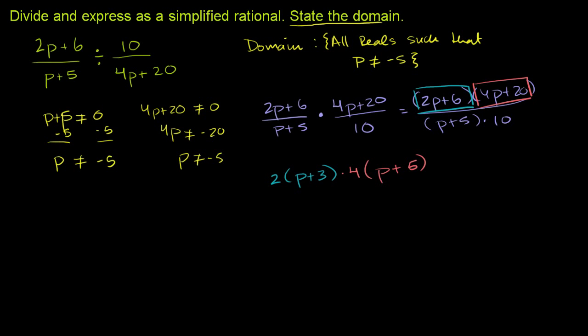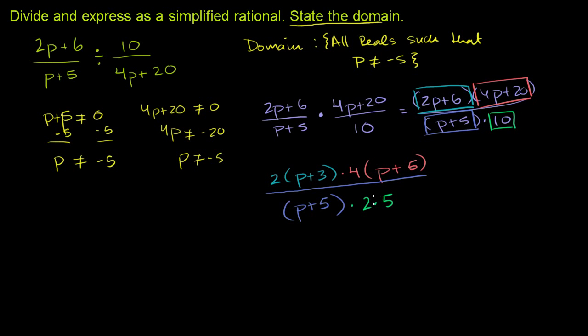And then we have our p plus 5 down there in the denominator. And even 10, we can factor further into its prime factorization, 2 times 5. That's the same thing as 10.